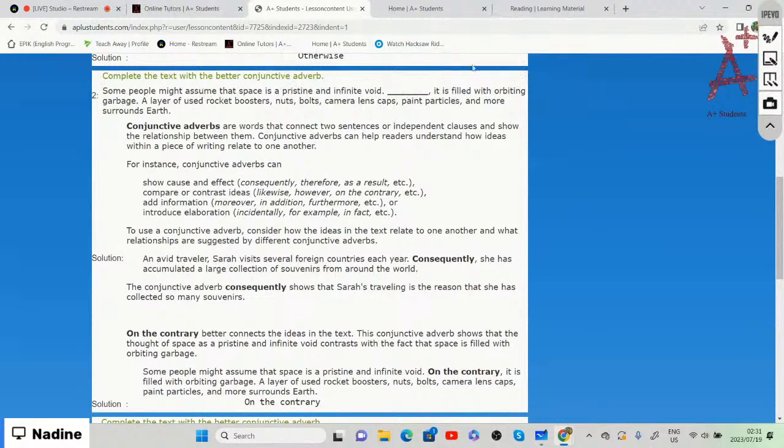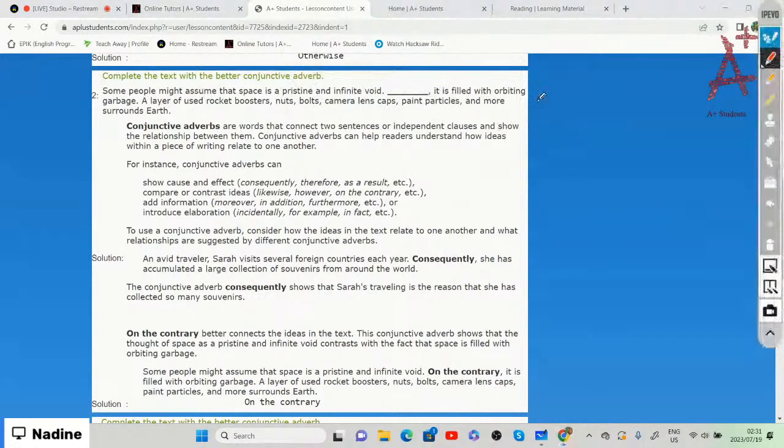So if we were to show the comparison or the contrast between the ideas, then we can maybe use on the contrary. And it shows or compares, or shows the contrast. On the contrary.